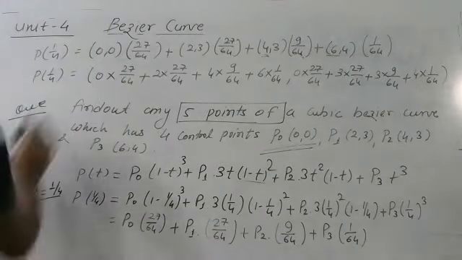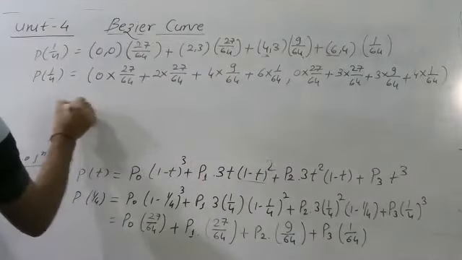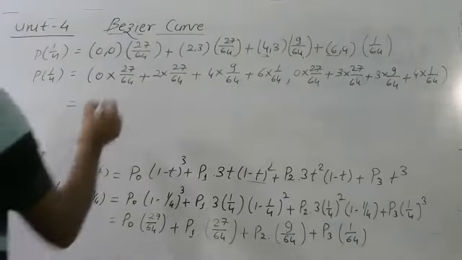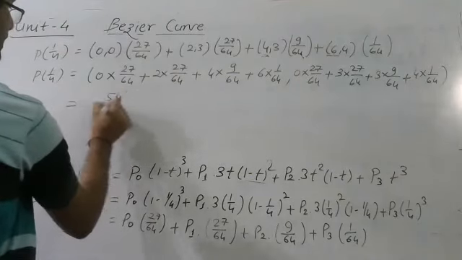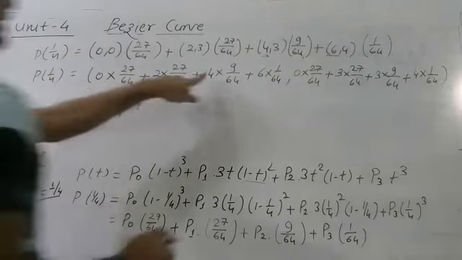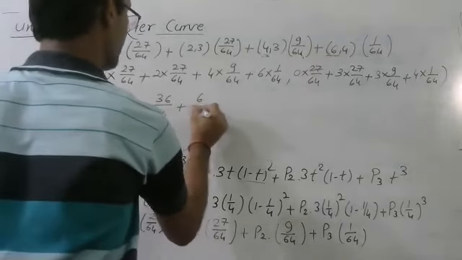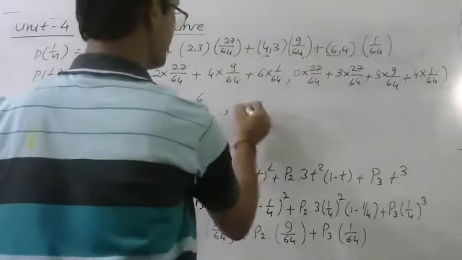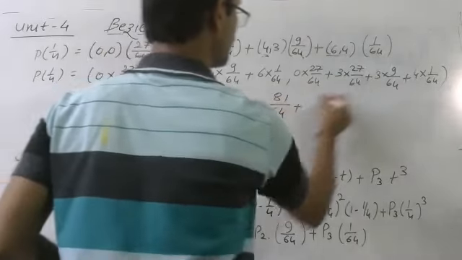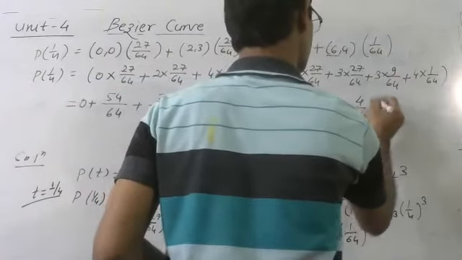Now solving this, 0 into this will be 0. 2 into 27 is 54, over 64, plus 0. Then 9 into 4 is 36, over 64, plus 6 over 64. On the y side, this is 0 plus 3 into 27 is 81 over 64, plus 9 into 3 is 27 over 64, plus 4 over 64.